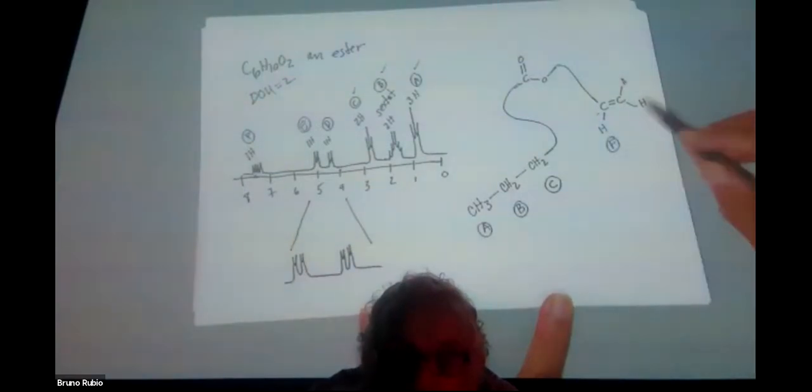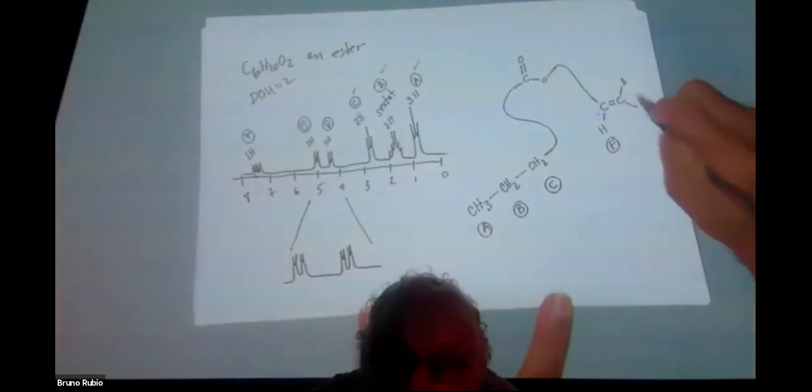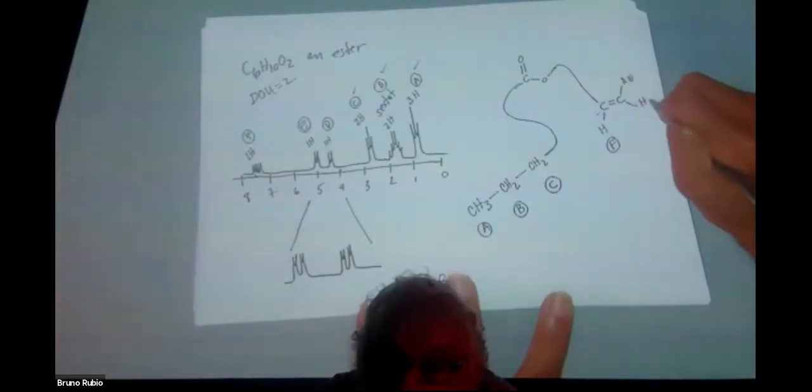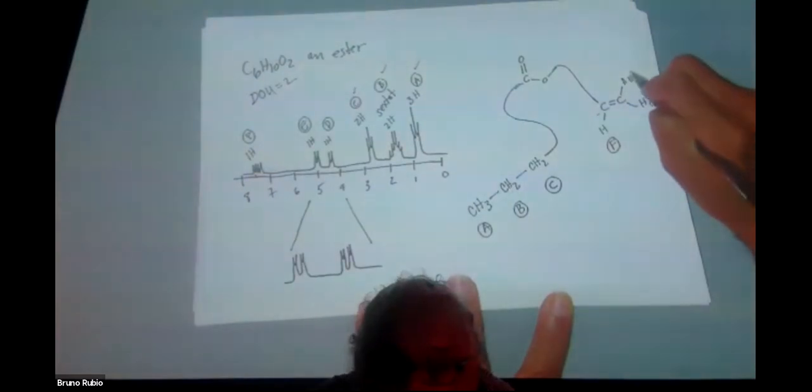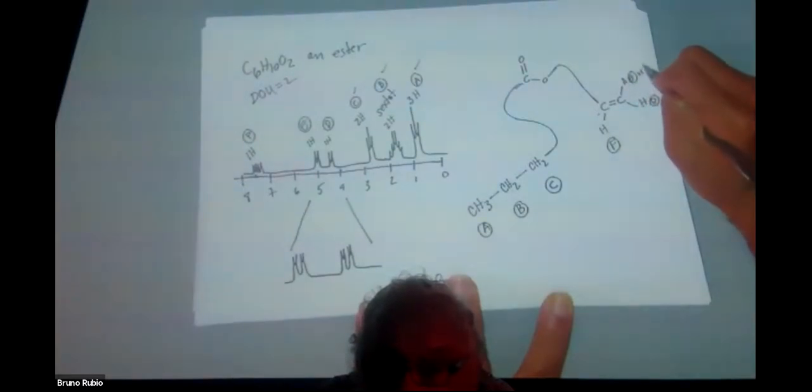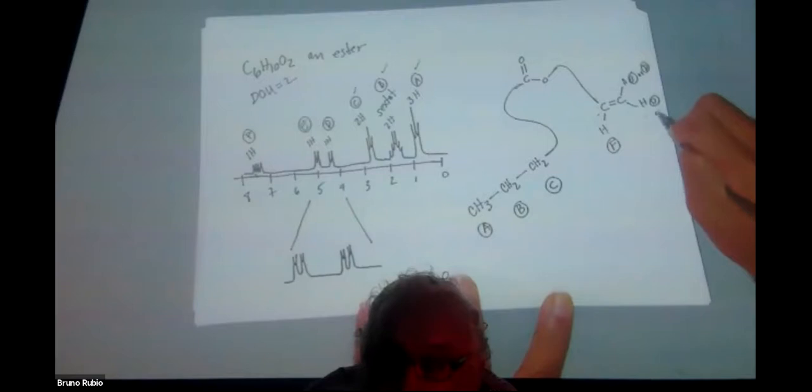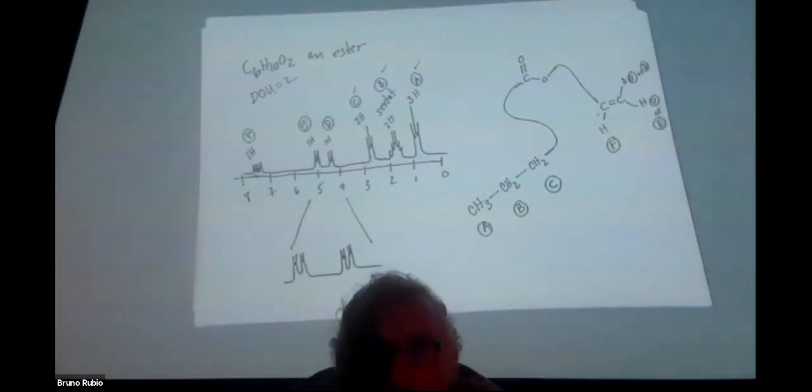And it's split into a doublet of doublets by the E and the D. Or this could be D, or it could be E. We'd have to have a little bit more information to figure that out.